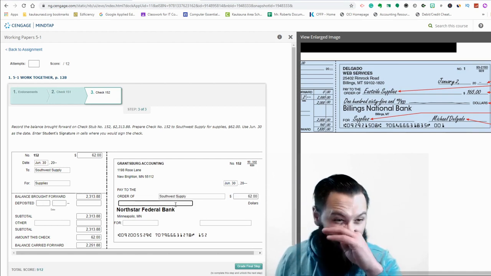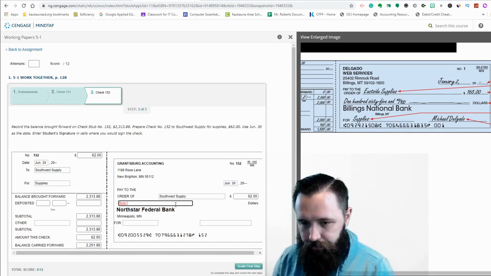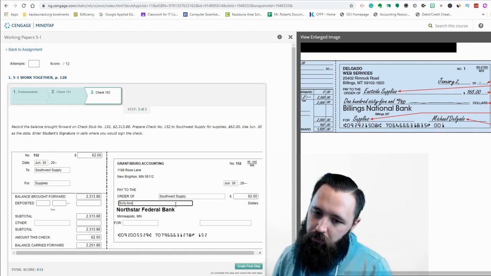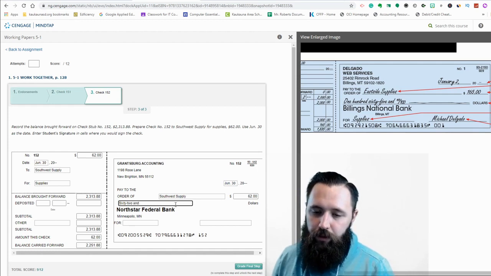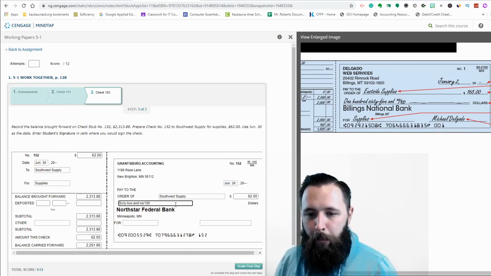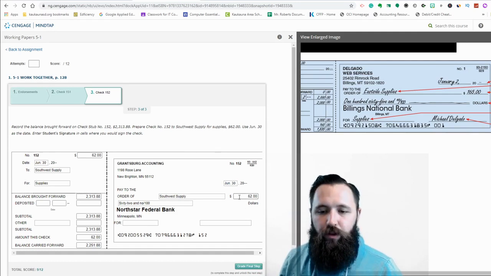So now you need to write it out. So let's do 60. There we go, 62, and no out of 100. So you can see there, I was going to put $62, but because it says dollars over here, we don't have to do that.